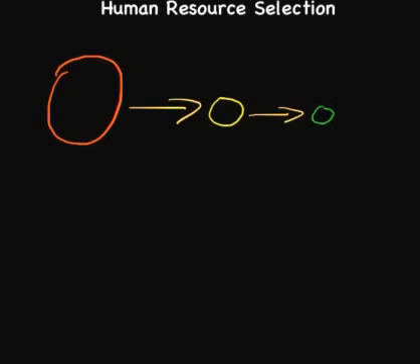So the selection process is taking a large group of people and enacting these barriers so that at each stage some people who aren't a natural fit are weeded out. There are a number of obstacles, hurdles, barriers, whatever you want to call them, that employers will throw up.